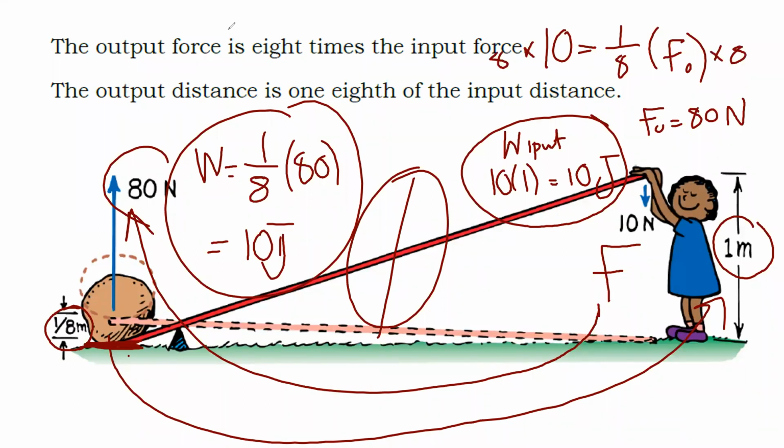Yes, Habiba. Teacher, the input is the rock, right? And the force of the girl is the output. Here you can say that the girl is pushing down the lever to make the rock go upward.